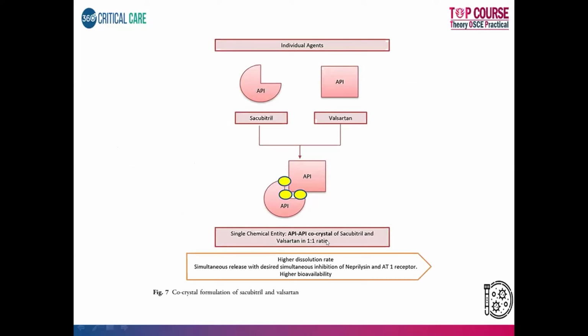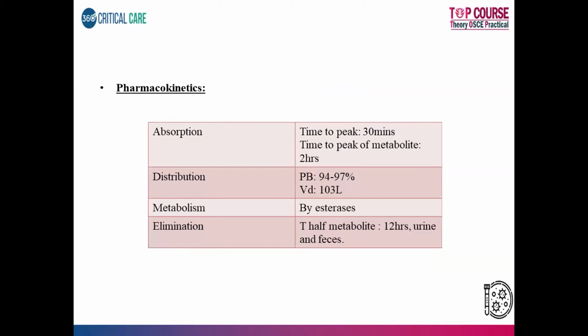So what is the advantage of this co-crystal formation? Okay, so it has a higher dissolution rate. There is a simultaneous release with the desired simultaneous inhibition of both the neprilysin as well as the angiotensin receptor. Also, it has a higher bioavailability. So these are the advantages of the co-crystal formation.